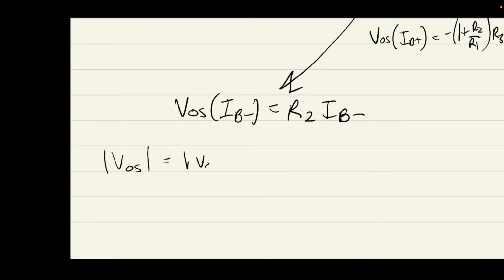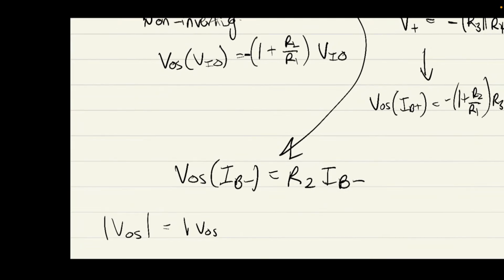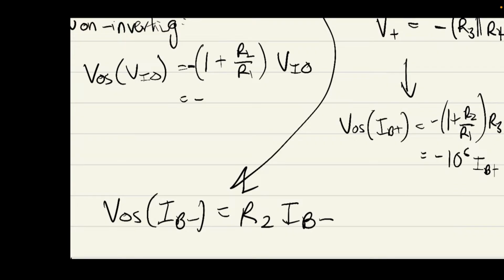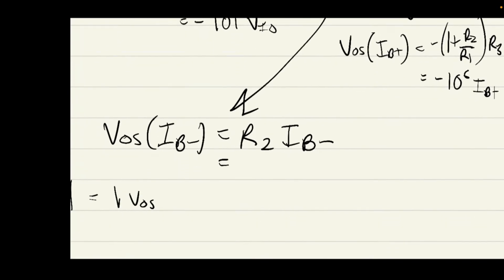So this is offset due to IB plus, which I can simplify right now actually. So this is minus 10 to the 6 IB plus, and this is going to be minus 101 VI naught, and the last one here is also going to be 10 to the 6 IB minus.